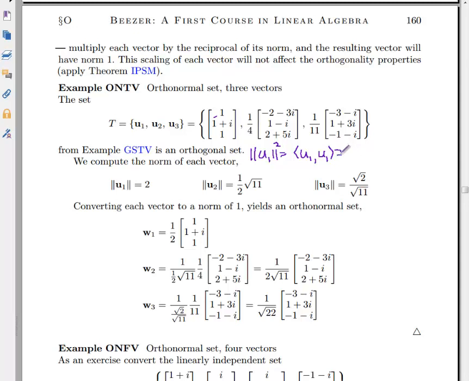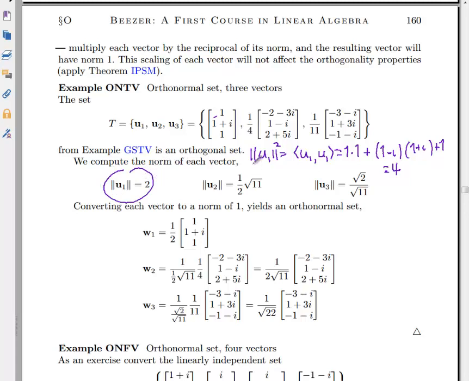If you remember how to compute inner product, that's going to be 1 times 1, plus the second term, which is the complex conjugate of 1 plus i, which is 1 minus i, times 1 plus i, and then the last term is also plus 1 times 1. That whole thing gives me 4. So the norm of u1 squared is equal to 4. That gives me the norm of u1 is equal to 2.